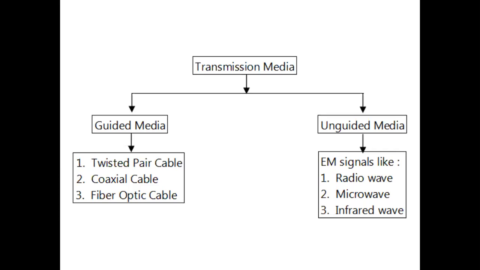One by one we will see the different wired and wireless techniques for data communication. Just looking at this slide, you will immediately understand that guided media is wired networking, and unguided media is wireless networking.